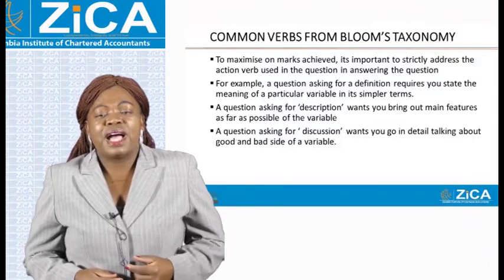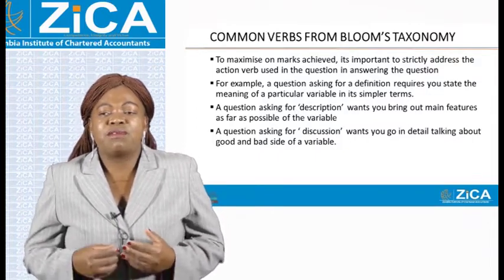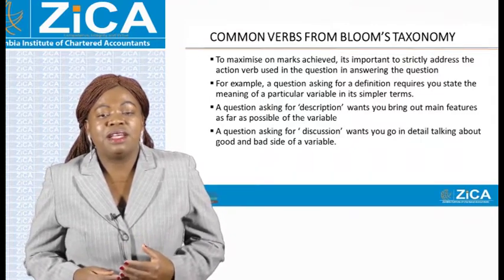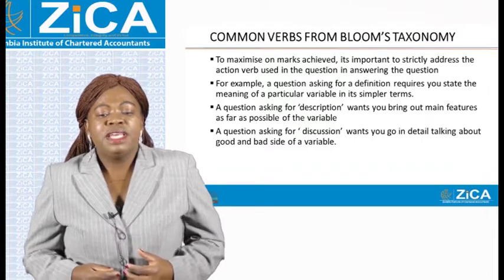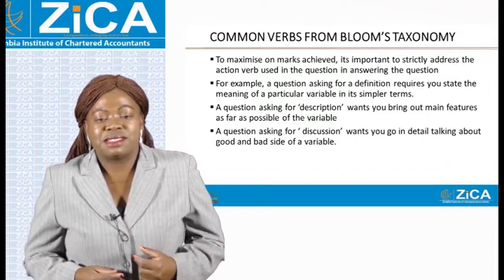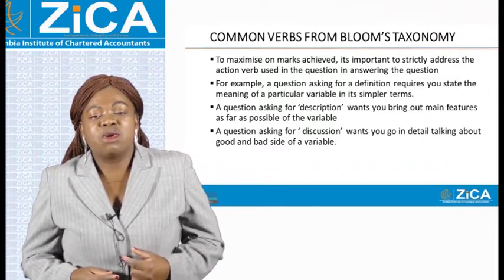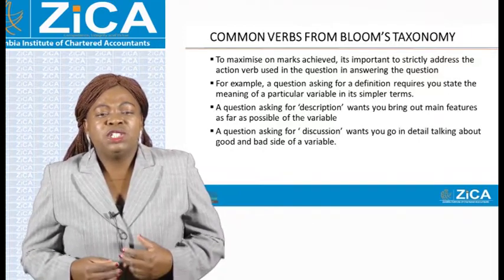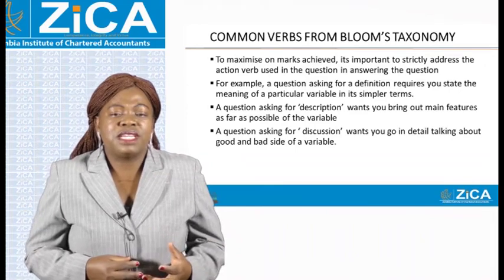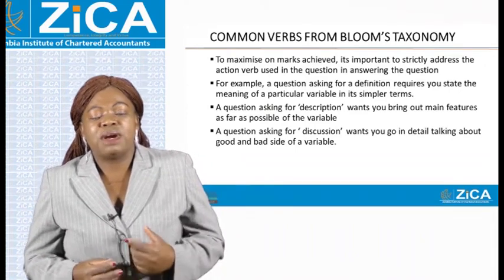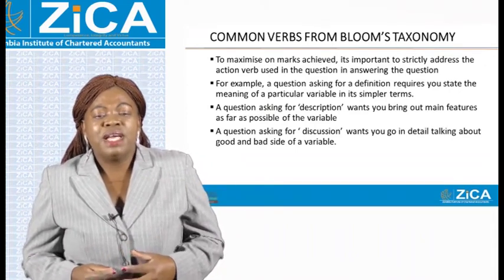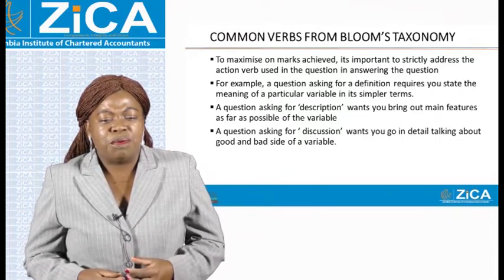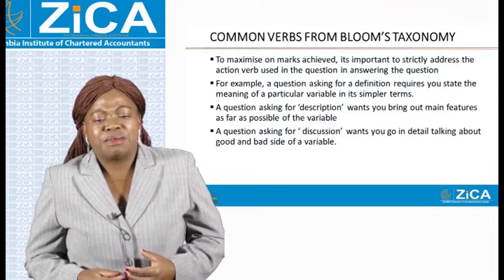For example, if you are asked to explain, meaning provide some simple, clear understanding of that particular variable. If a question says discuss, it means that you need to go deeper than just providing a simple explanation. Talk about the positive aspect of the variable, talk about the negative aspect of the variable, and any other item that may be relevant about this particular variable. It means you are discussing.